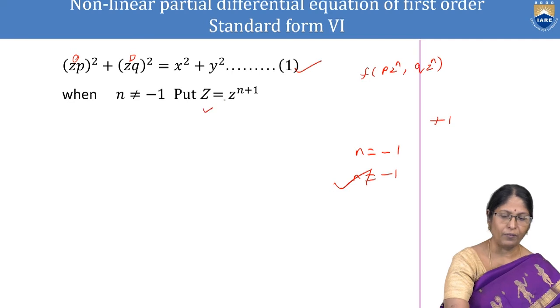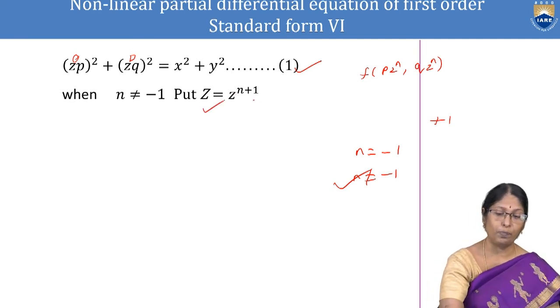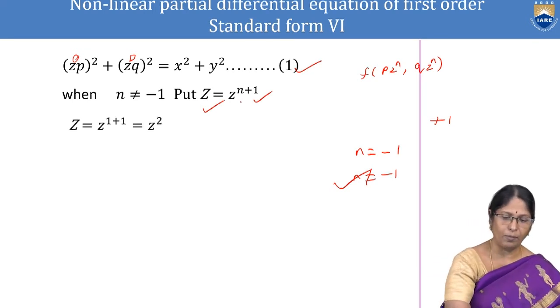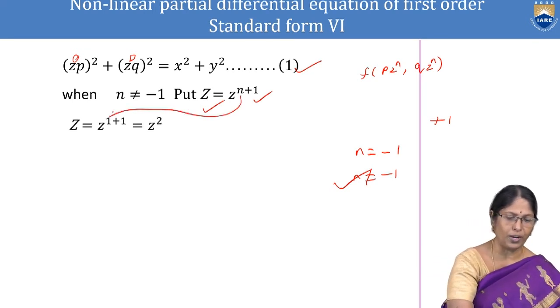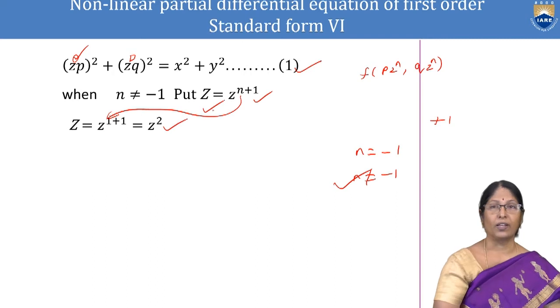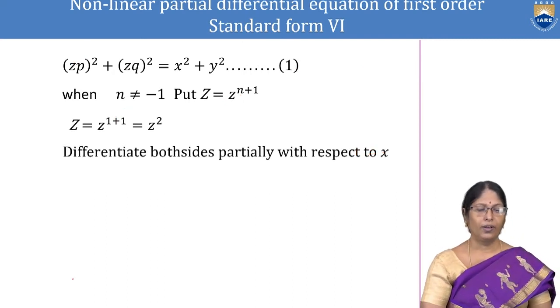According to that, we have to assume capital Z equal to z^(n+1). So in place of n, we substitute our given problem's n value, which is 1. So 1 plus 1, it's nothing but capital Z equal to z square.